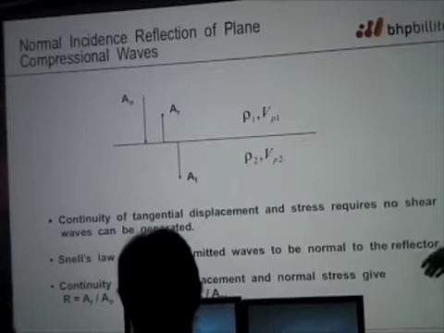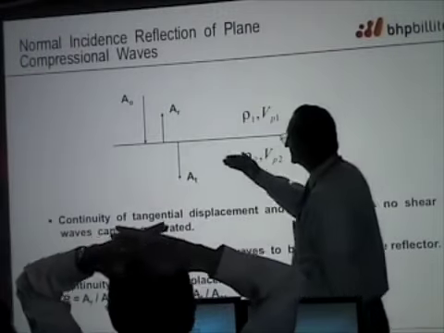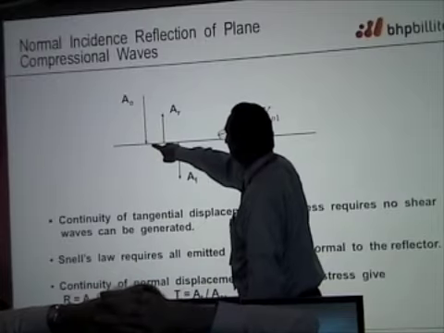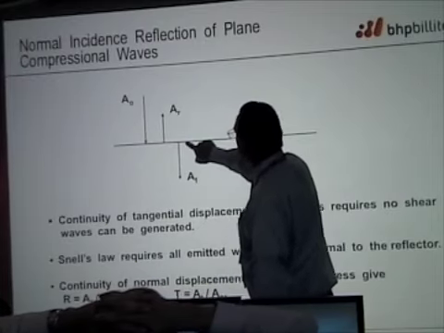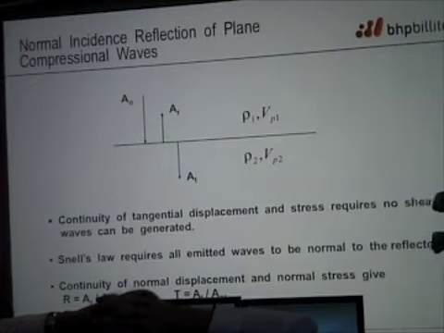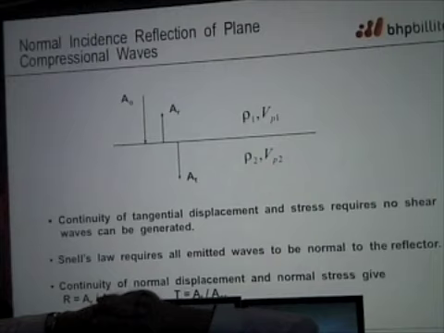Continuity of tangential displacement and stress makes it impossible to generate a shear wave at this interface. I have no tangential motion. If I don't let the upper body slip with respect to the bottom one, and I have continuous stress across that boundary, then I can't generate any shear wave.